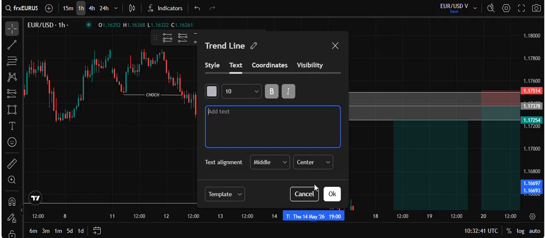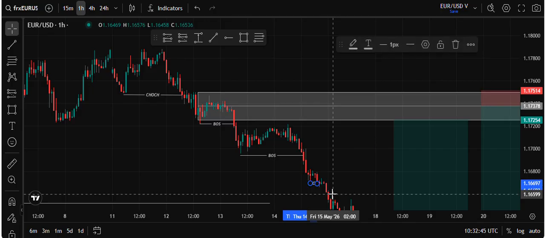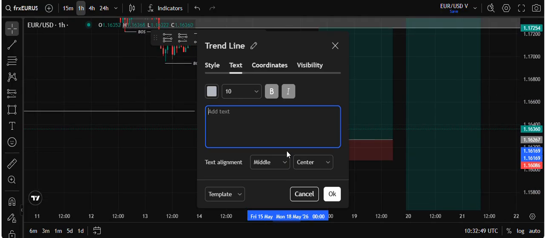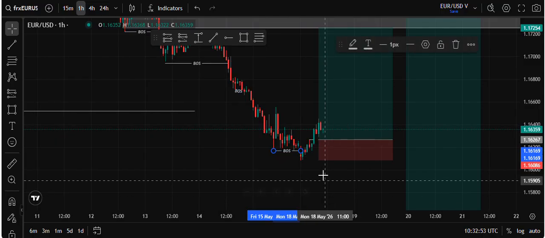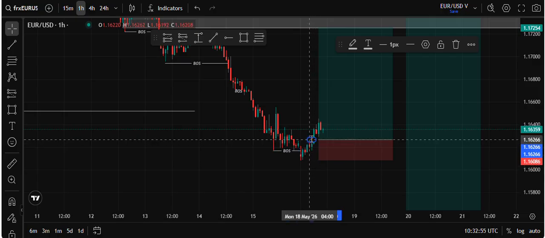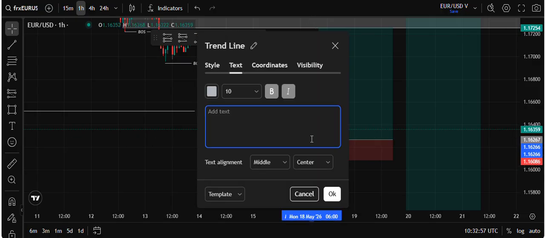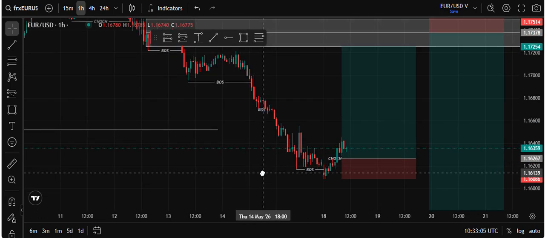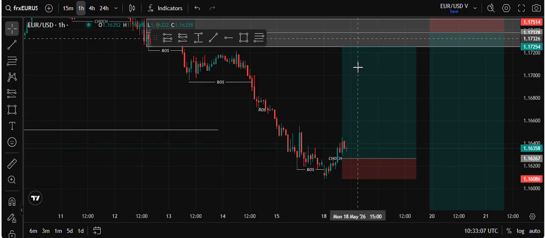Another mini break of structure. Another break of structure. This is a mini shift and choke, which is just for the short buy.